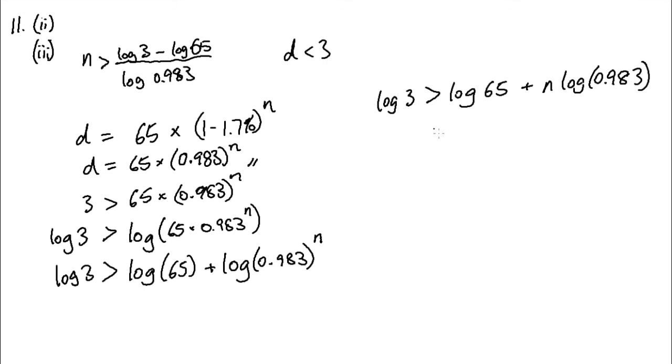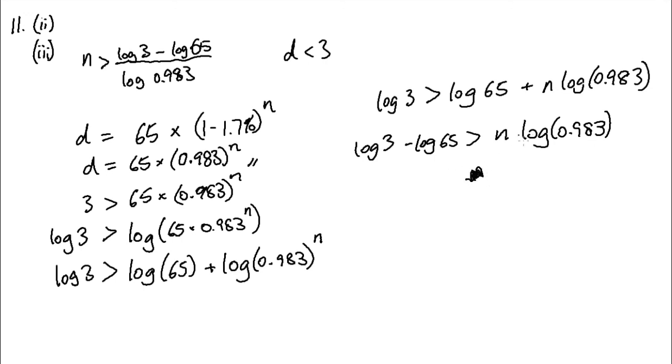By rearranging, take log 65 from both sides, you get log 3 subtract log 65 is n log 0.983, and so divide both sides by log 0.983.